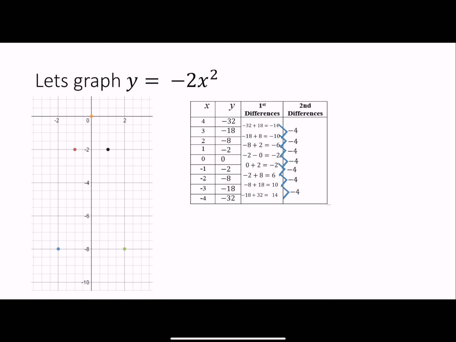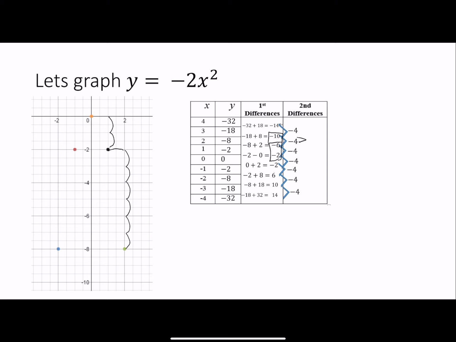Okay, our step pattern was -2, then -6. So my first step is -2. My next step is -6. And I got that from here. My next step will be -10. And we see that it increases by a factor of -4. So my next step will be -14.